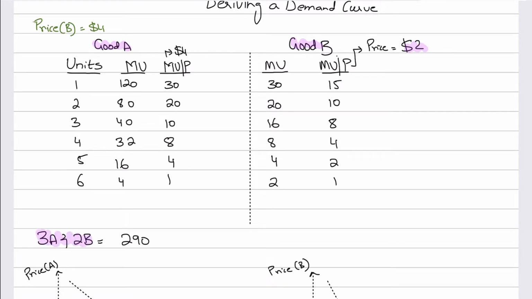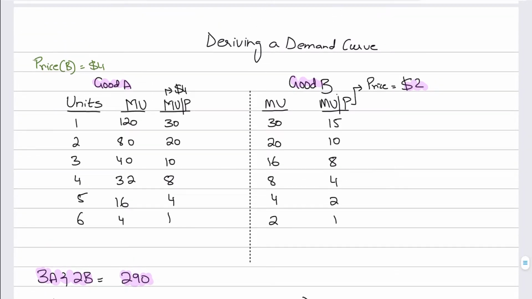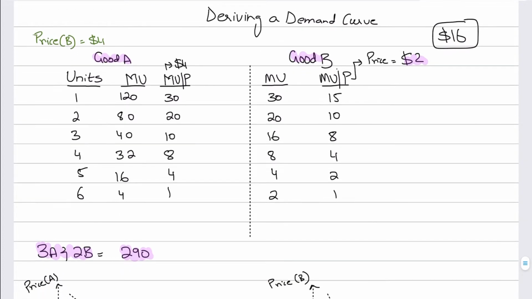That is, I was getting a total utility of 290, which was the maximum utility, given my budget constraint. My budget constraint, guys, was $16, and given it, I was maximizing my total utility of 290 utils, buying 3A and 2B.